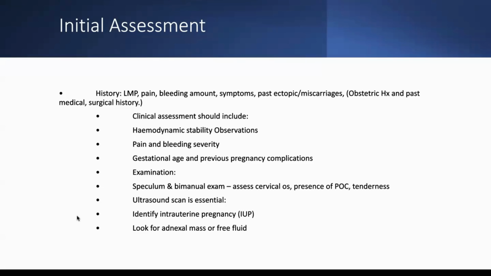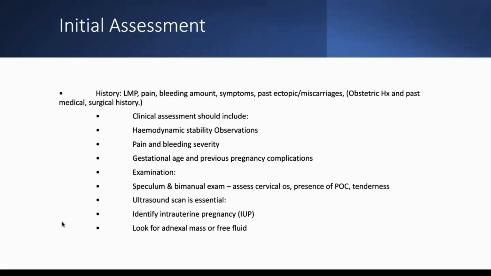The speculum and bimanual, of course, to assess the cervix, assess whether there are products of conception, assess whether there is bimanual tenderness, and also an ultrasound scan to identify whether there is an intrauterine pregnancy or not, or looking for adnexal mass or free fluid. Most of the women coming to the early pregnancy unit are very early in pregnancy, most of them before 7 or 8 weeks.